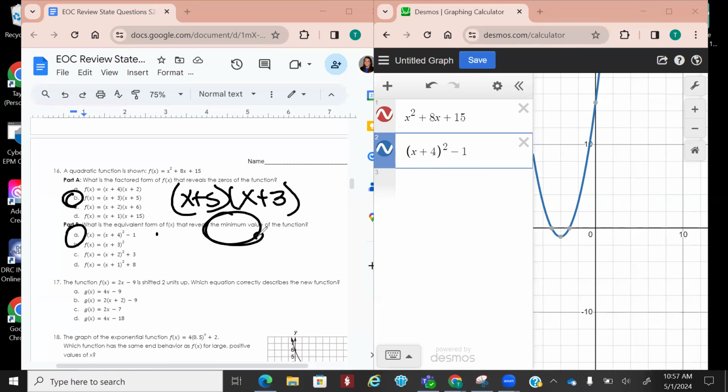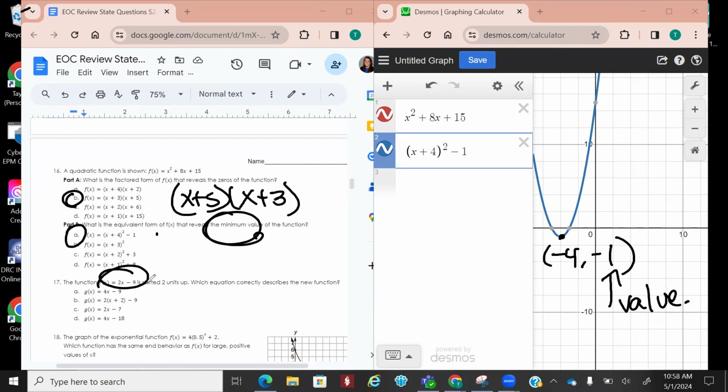What is the minimum value for this guy? What's the minimum value? It's not 1. I'm sorry, -1. Yes. So -4 comma -1, the minimum value is going to be -1. On 17, it's asking about transformations.